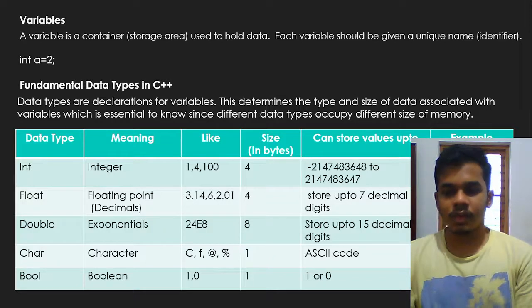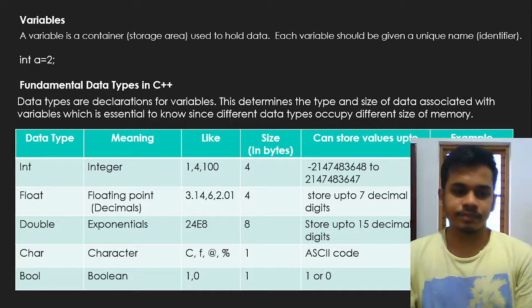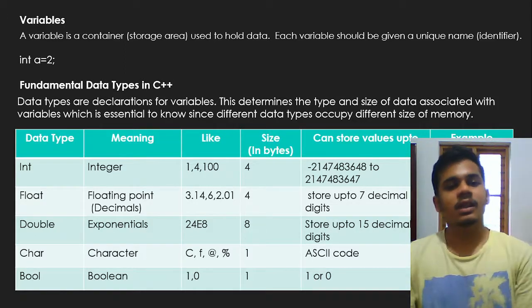For example, here we have a declaration int h is equal to 20, which means we are giving the value of 20 to the variable h, and it is an integer. Now we have the float data type.